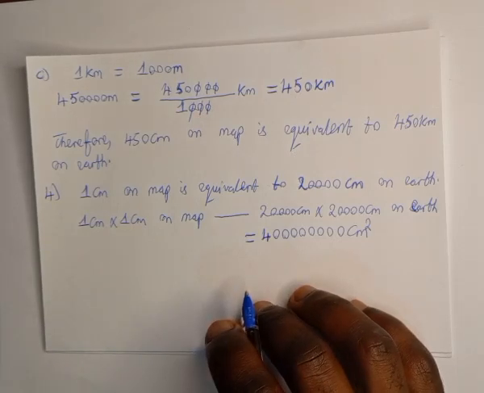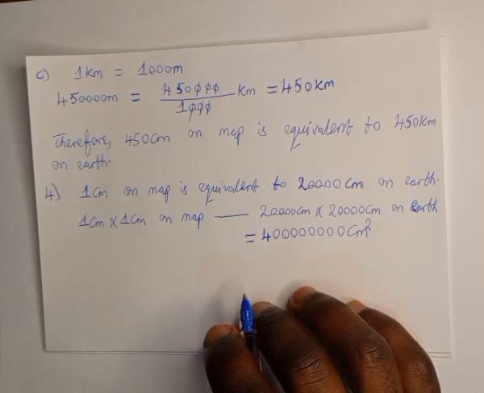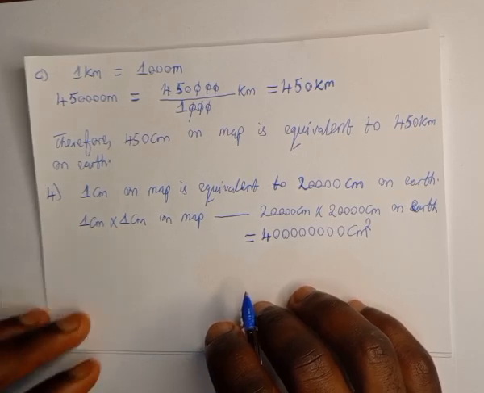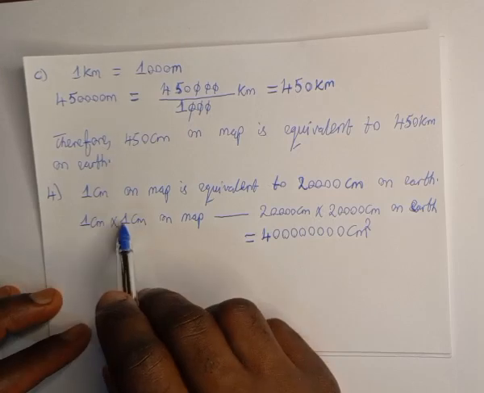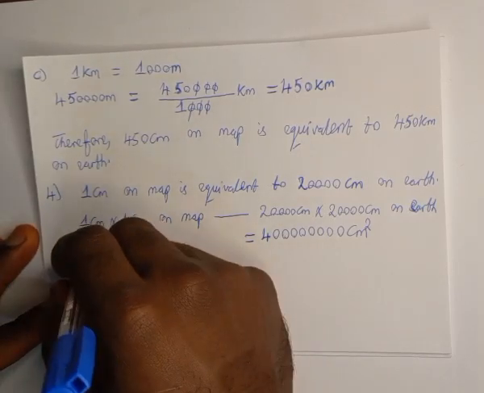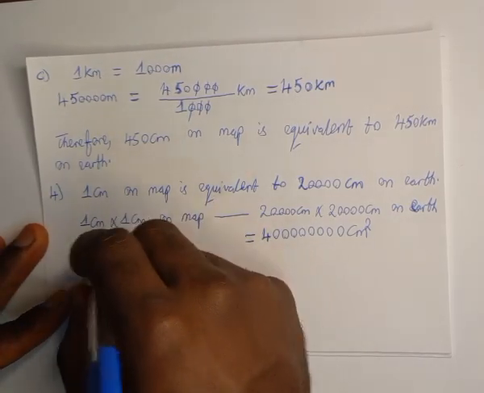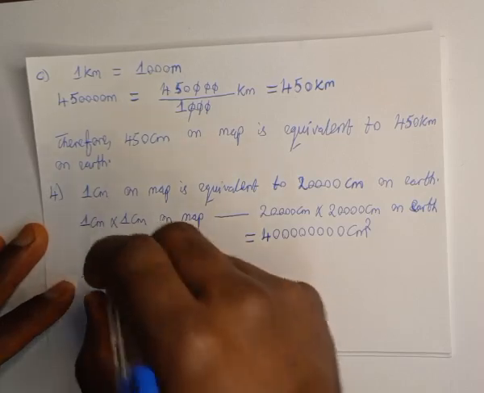Now we have to convert 16 centimeters squared on Earth. We know 1 times 1 gives 1. Centimeters times centimeters gives centimeters squared.